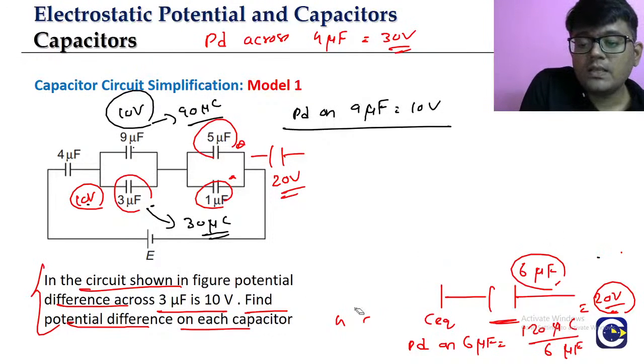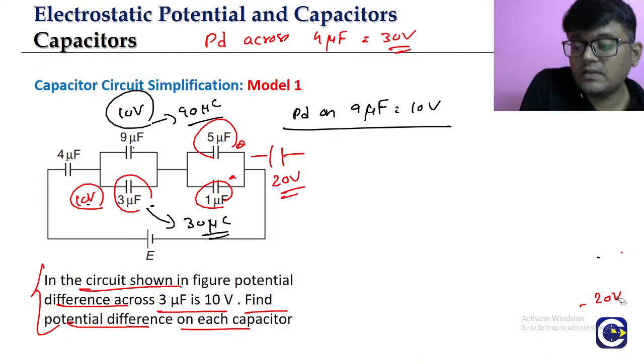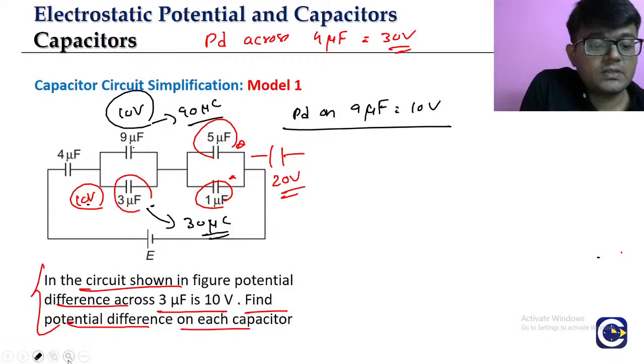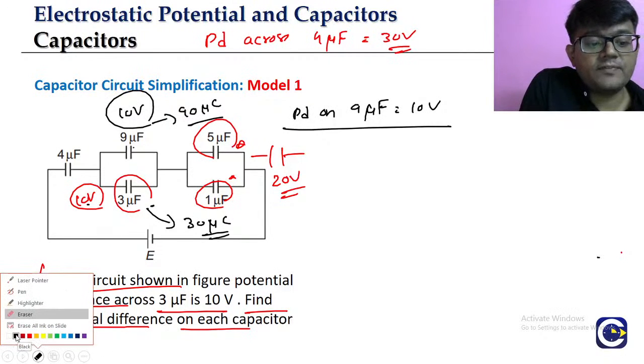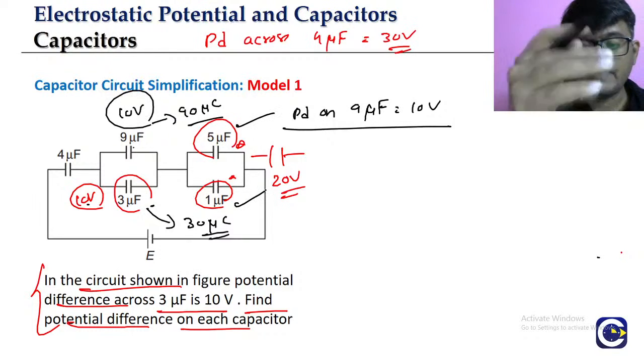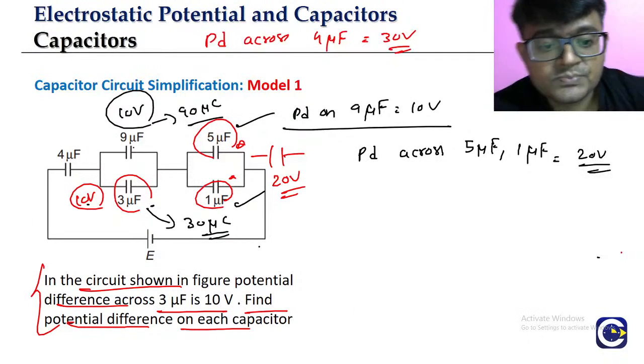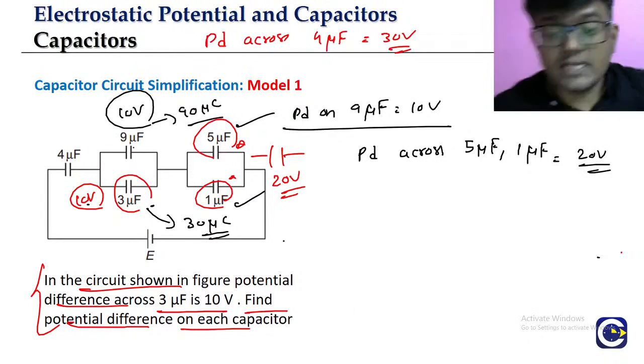So the potential difference across the 6 microfarad is 20 volts. That will be the potential difference on both the 5 microfarad as well as the 1 microfarad, since both are in parallel. So the potential difference across the 5 microfarad as well as the 1 microfarad is 20 volts. Okay?